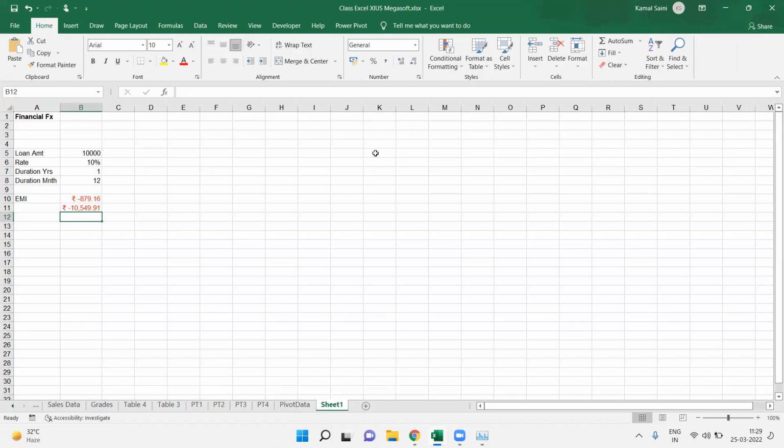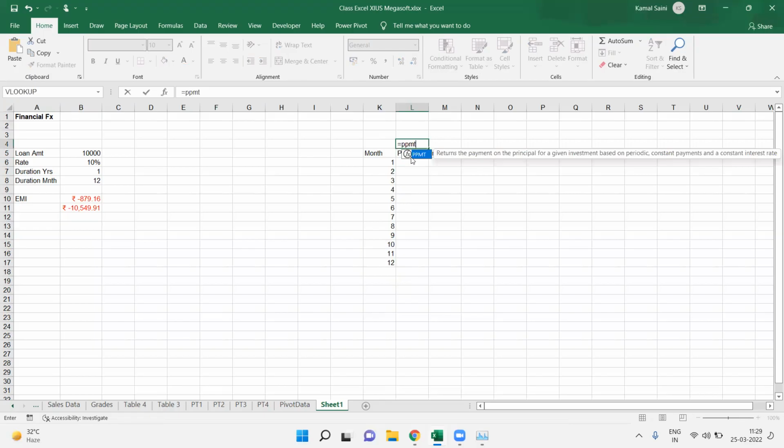Now, every month, what is your contribution towards the loan? So first month, what is the principal you are paying? And what is the interest you are paying? The function to be used for this scenario is PPMT.